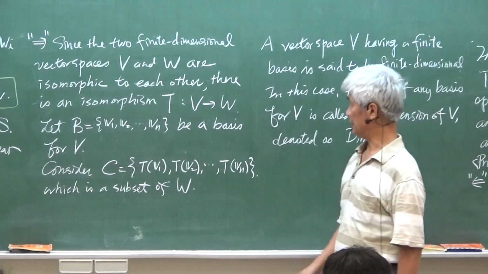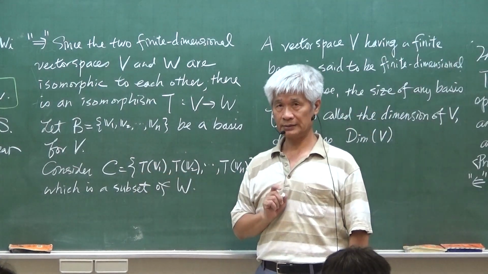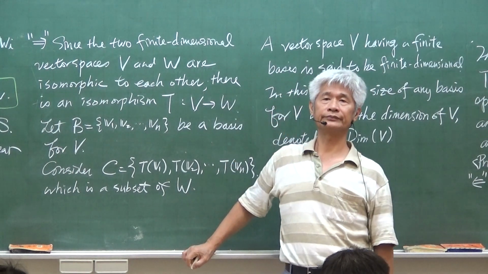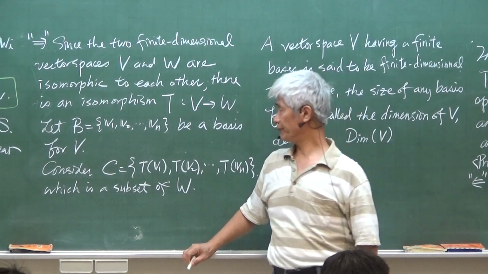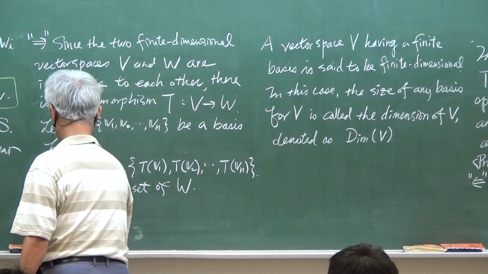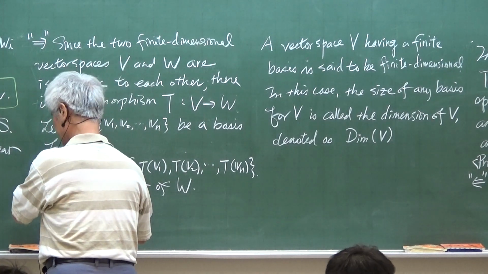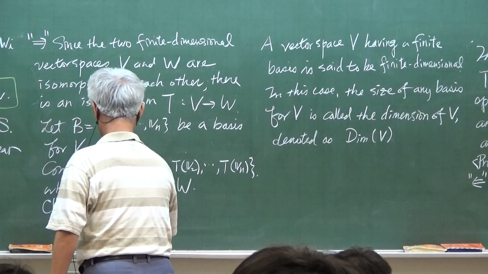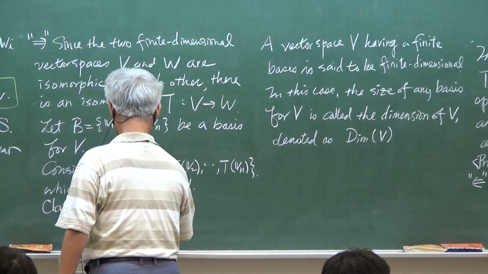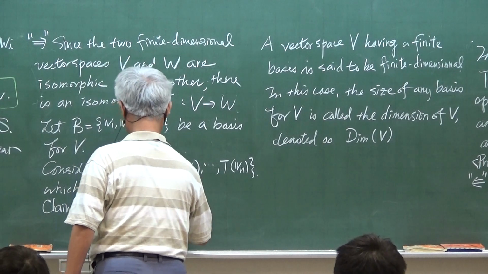Now we want to prove that C is a basis for W. So the first claim is that W is the span of C.